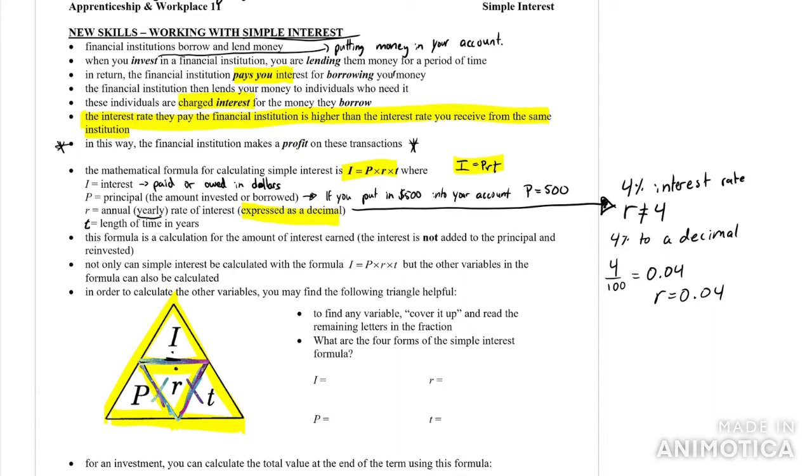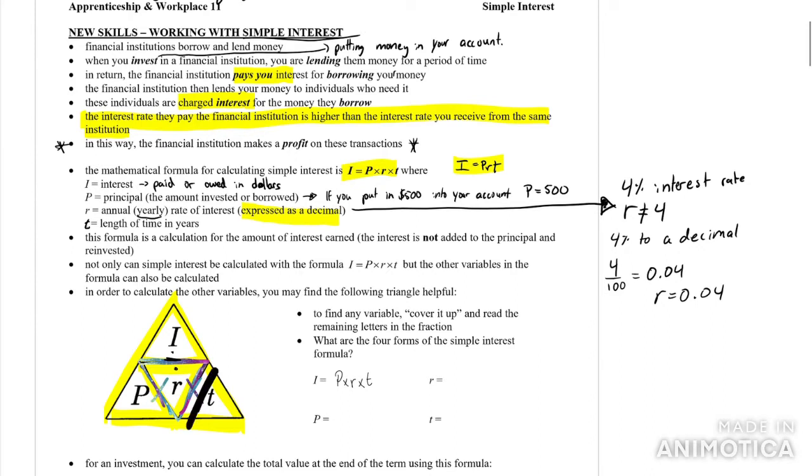So for example, say you want to calculate I, you cover up I, and you get P times R times T. So that works for what we have. So I equals P times R times T.